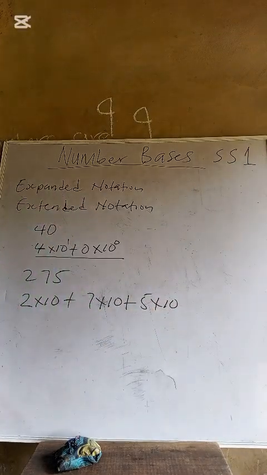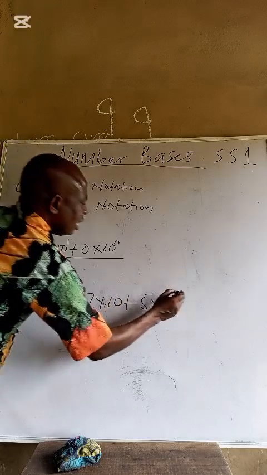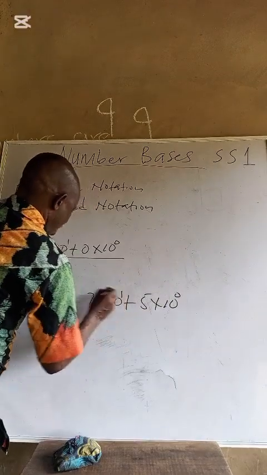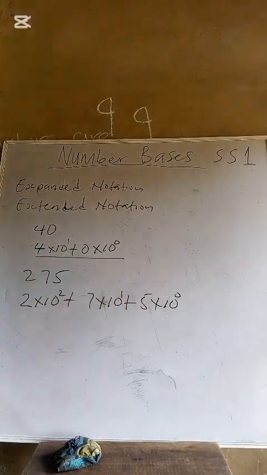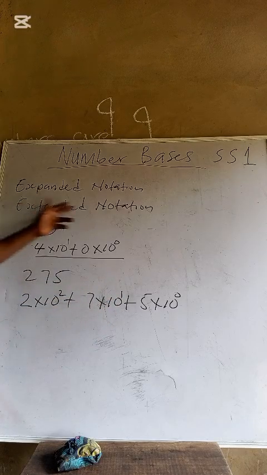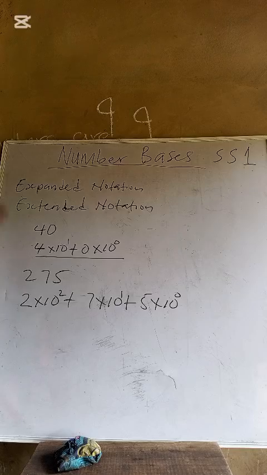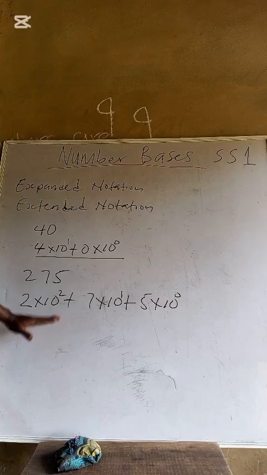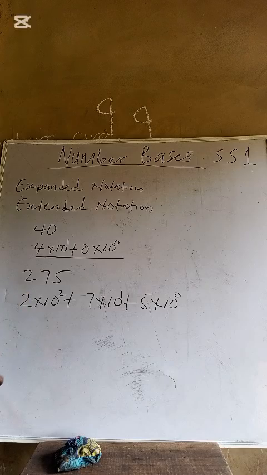But you don't have to forget to start with the powers 0, 1, 2 from the right. This is what we call expanded notation. I will not touch extended notation now because further mathematics students will talk about it better. This is an introduction to expanded notation, because we use it in many of our solutions.